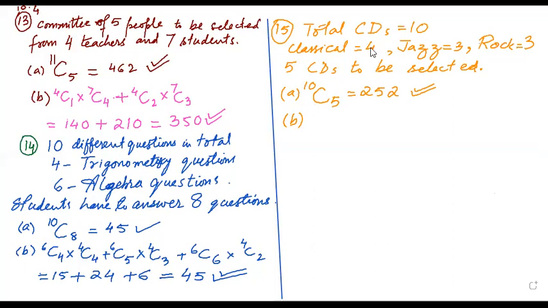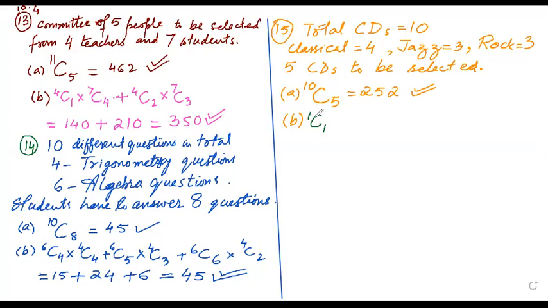So we will select one CD for jazz. So one, because one is fixed. Because the favorite CD can be the jazz, and in that the particular one is jazz. So that is why 1C1. So we select that favorite CD out of one. So we consider that that is fixed. That the favorite is fixed.